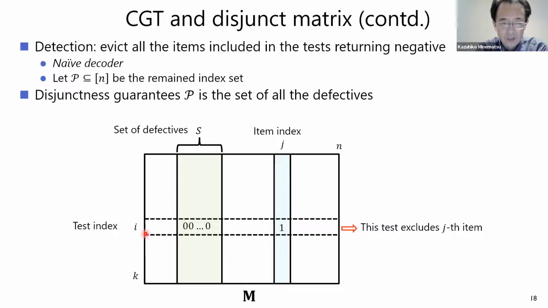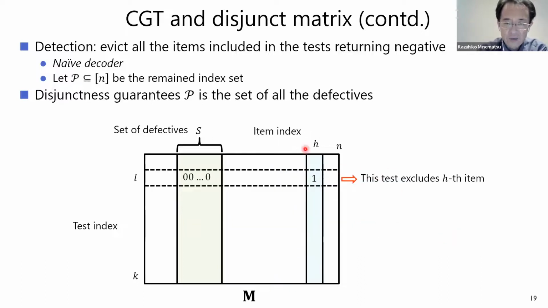Then from the condition, there must exist a test whose result is negative while the j-th item is included in it; that means this test excludes the j-th item. If we pick another non-defective one, h, then there must exist another test that excludes the h-th item. For this reason, we can evict all the non-defectives.